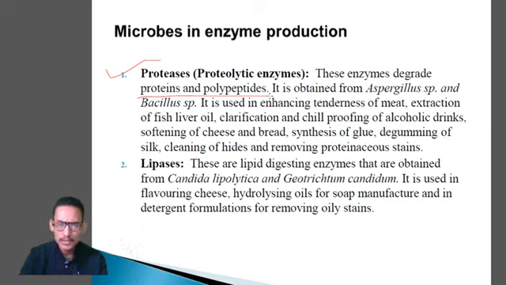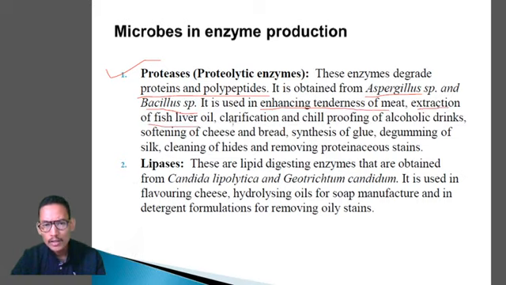It is obtained from Aspergillus species and from Bacillus species. These enzymes are used in enhancing tenderness of meat, extraction of fish liver oil, clarification and chill proofing of alcoholic drinks, softening of cheese and bread, synthesis of glue, degumming of silk, cleaning of hides, and removing proteinaceous stains.